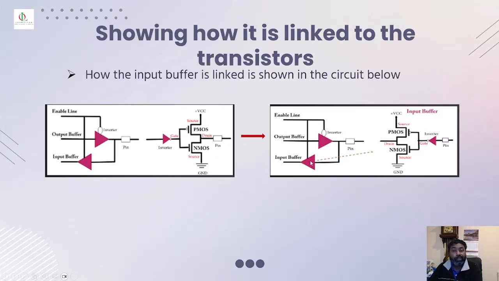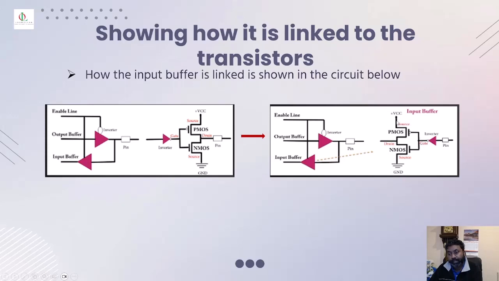Now this shows how it is linked with the help of transistors, how the input buffer is linked directly with the circuit below. So this is how it's going to transfer. The PMOS is connected to the VCC, and the pin is read on the internal connections that are connected to the gate.